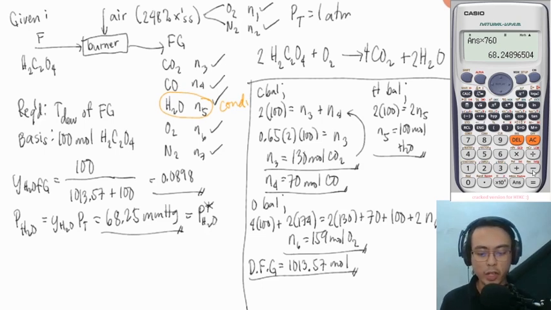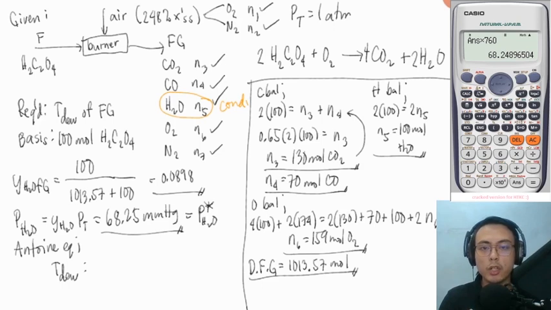So we revisit the Antoine equation. This would get repetitive to you, no? And then we can get the dew point temperature. So let's see the constants.